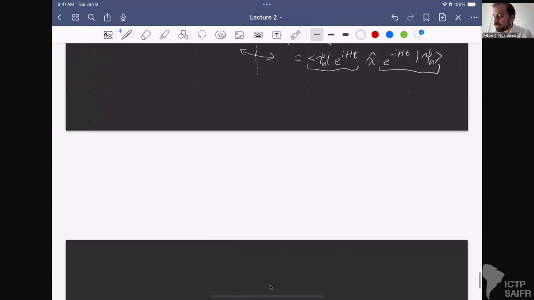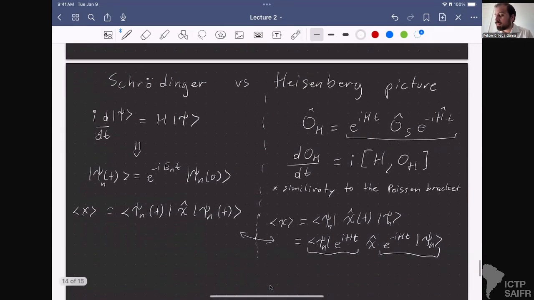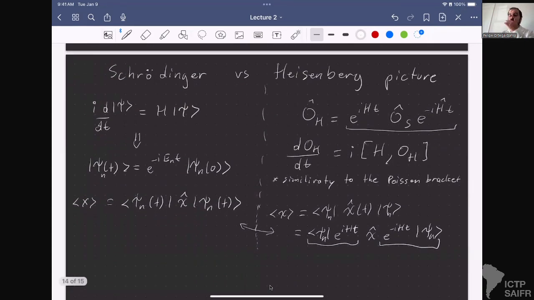In quantum field theory, we typically use something more similar to the Heisenberg picture, in that our states are defined like the vacuum or the ground state. That's typically called the vacuum because it has 0 particles.